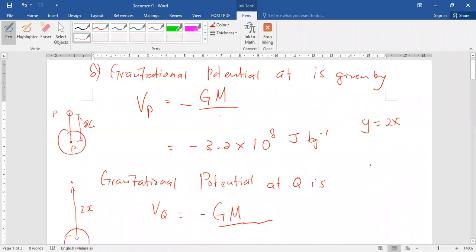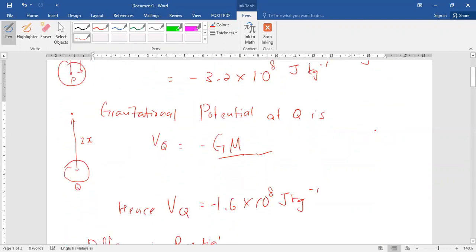At P is x. At Q, there is 2x. P, there is x. Y should be y, but it's 2x.